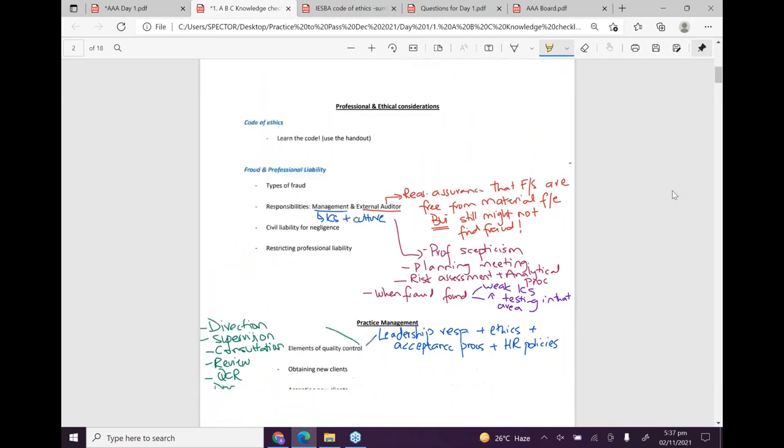The next part, which is syllabus area B, and I can assure you that if you don't prepare it the way I'm going to tell you, you won't be able to get through this section at all. The second part, syllabus area B, covers code of ethics and fraud and professional liability.